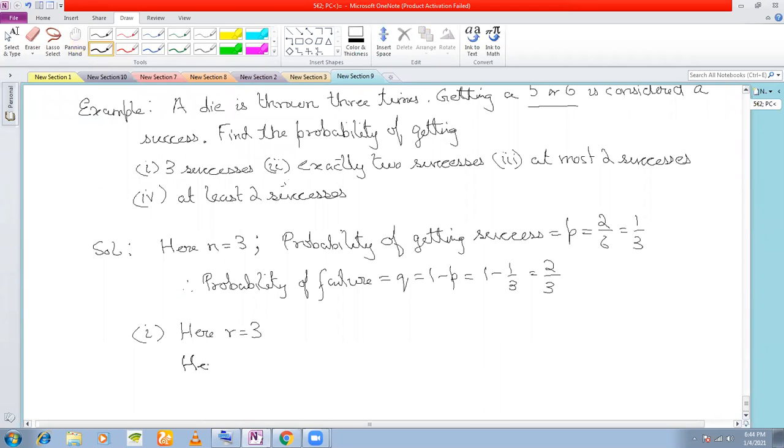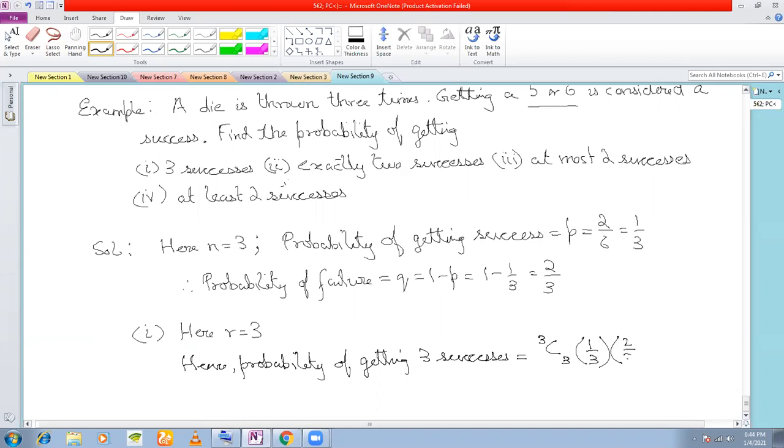Hence, the probability of getting 3 successes is equal to, what is the formula? nCr, n is 3, r is also 3, times p to the power of r, p is 1/3, and q to the power of n minus r.